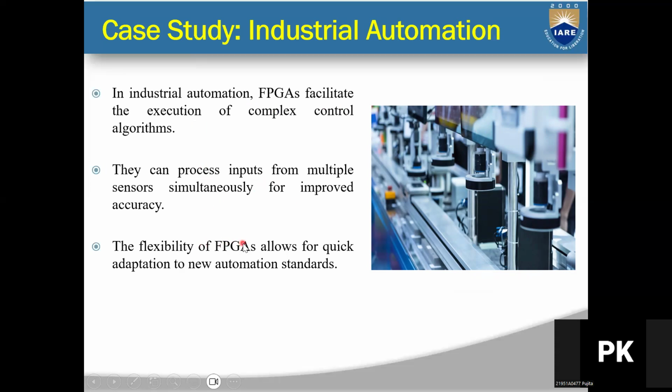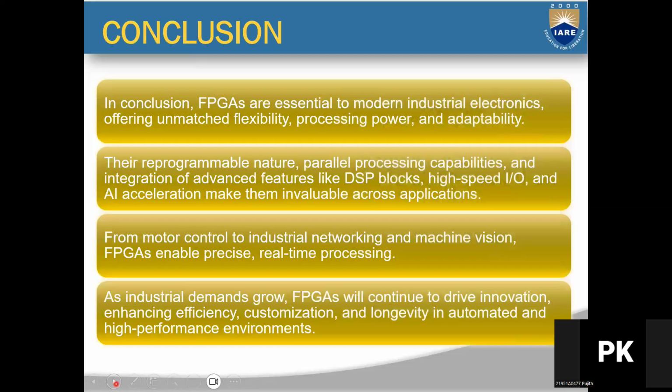The flexibility of FPGAs allows for quick adaptation to new automation standards. So this is FPGA in industrial automation or industrial electronics. There is a case study we have seen and studied now. So moving on to our next slide.